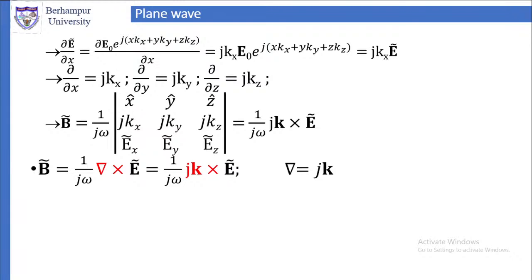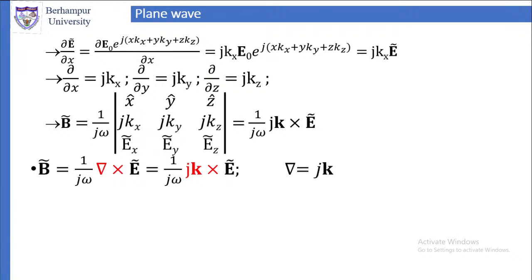Under that condition, operating with del is the same as, instead of del, you can use equivalently j into k. We do not know what k is right now. We will find out what k is. Now, so del is equal to j into k.